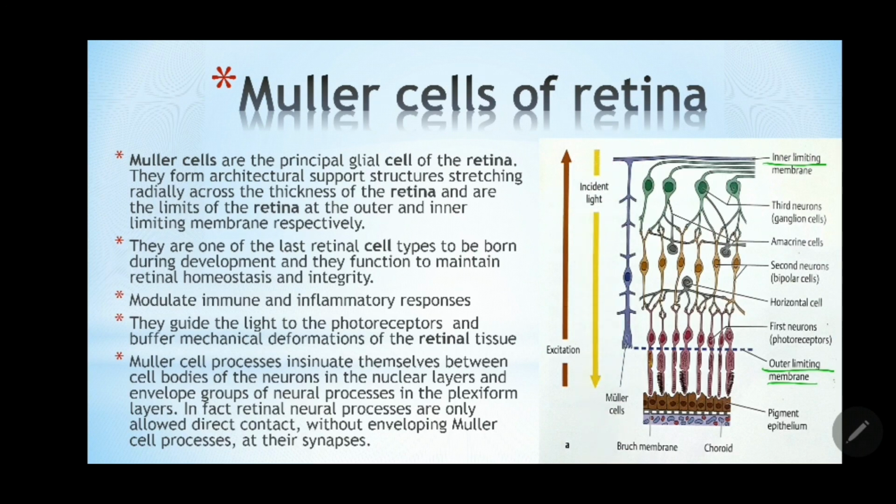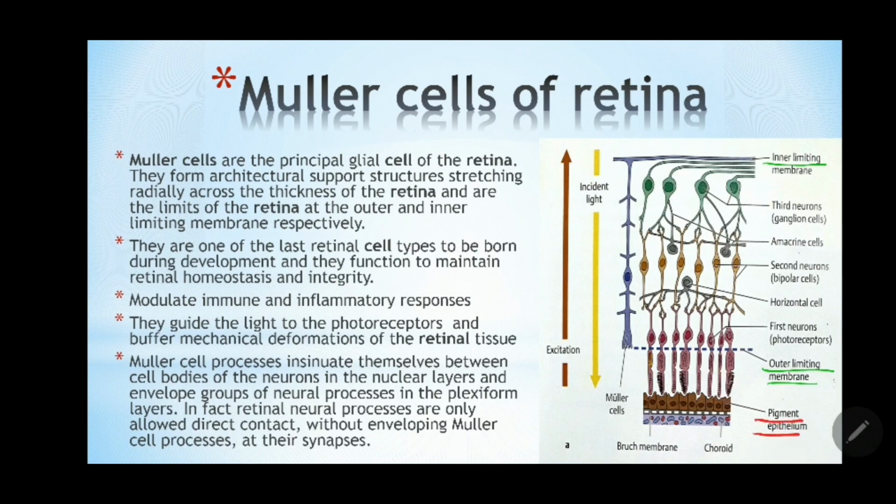Okay, then the very important thing which I have just seen and I am reminded of, let me not skip this. Can you focus here? Very important thing. Can you see this pigment epithelium?